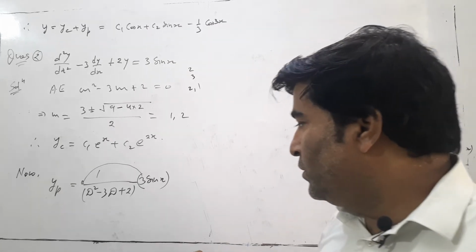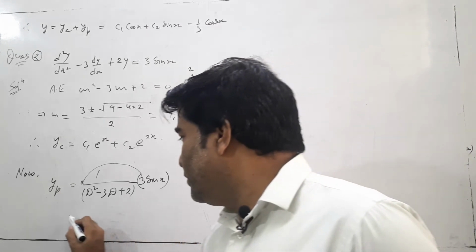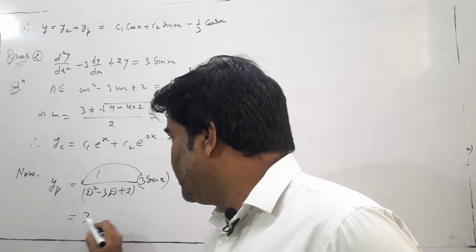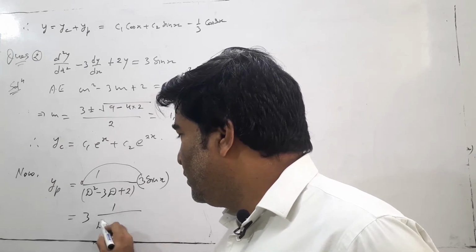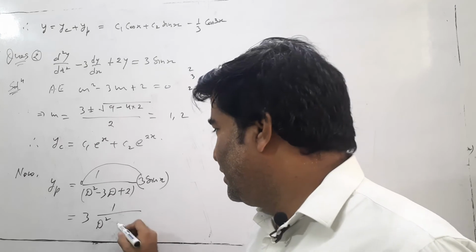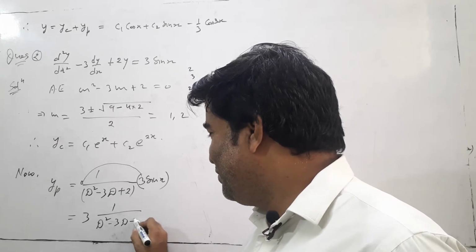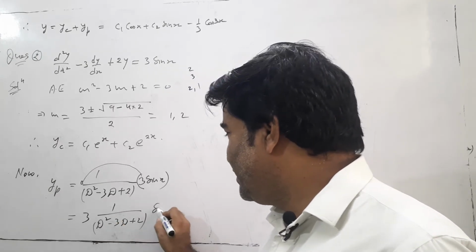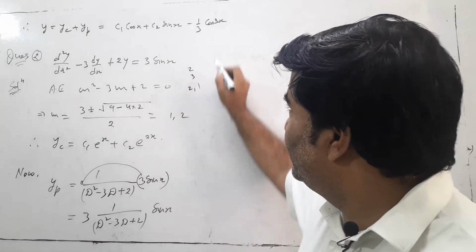So from here we have 3 upon D square minus 3D plus 2 sin x.